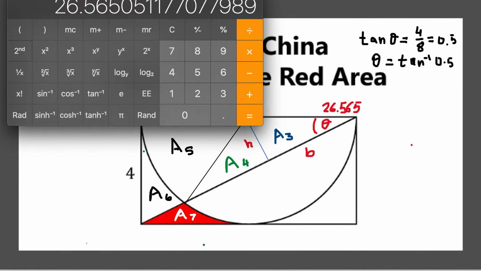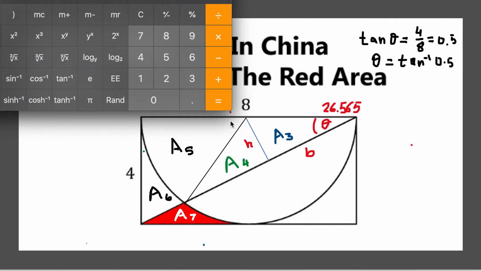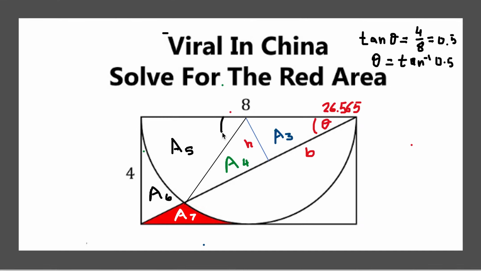But now we need to find the central angle here. Let me denote it with theta 1.